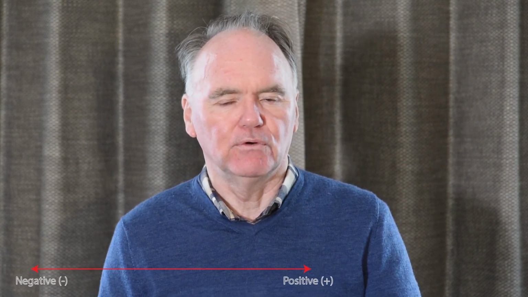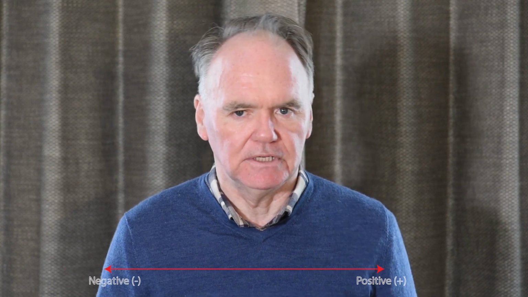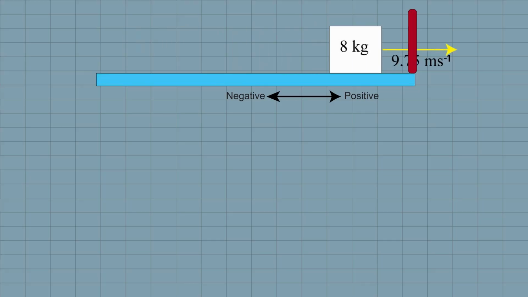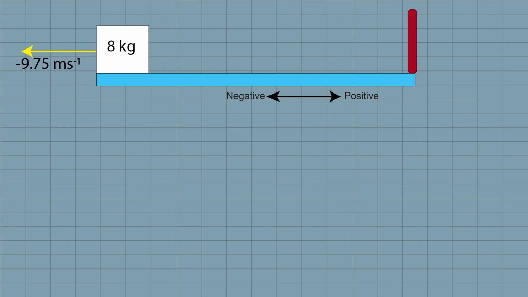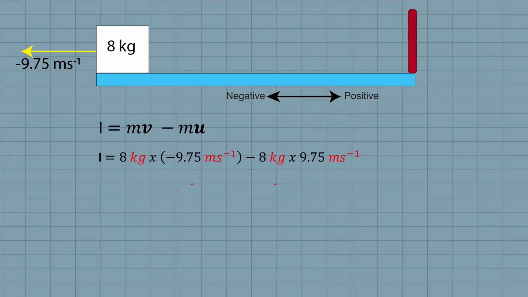Now if you notice this question, no directions at all are mentioned in it. Therefore we need to decide what our own direction shall be, and as usual we just take to the right to be positive, and anything going to the left has got a negative velocity, and we put that into our expressions, and we get an answer of negative 156 Newton seconds. But the negative is referring to the direction.